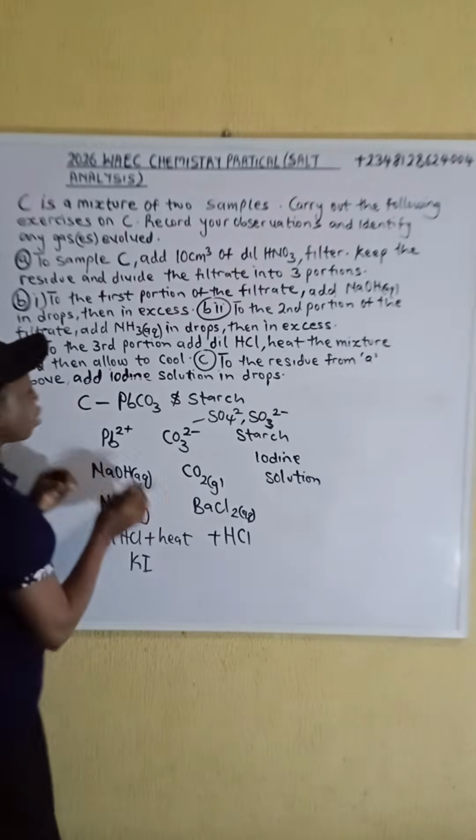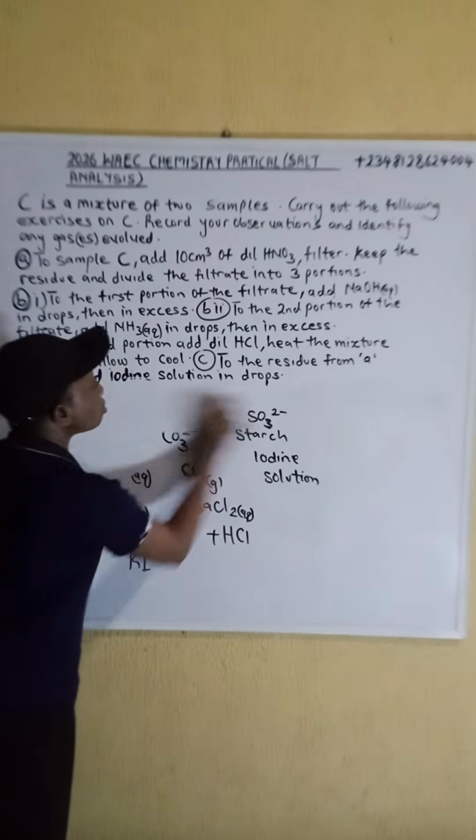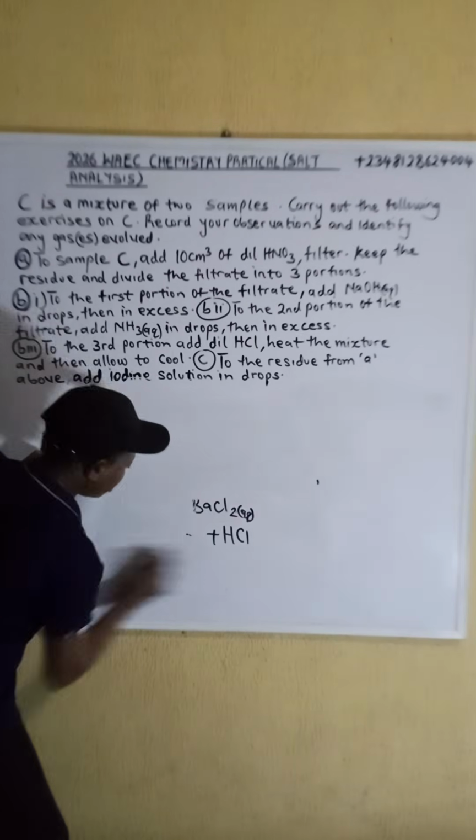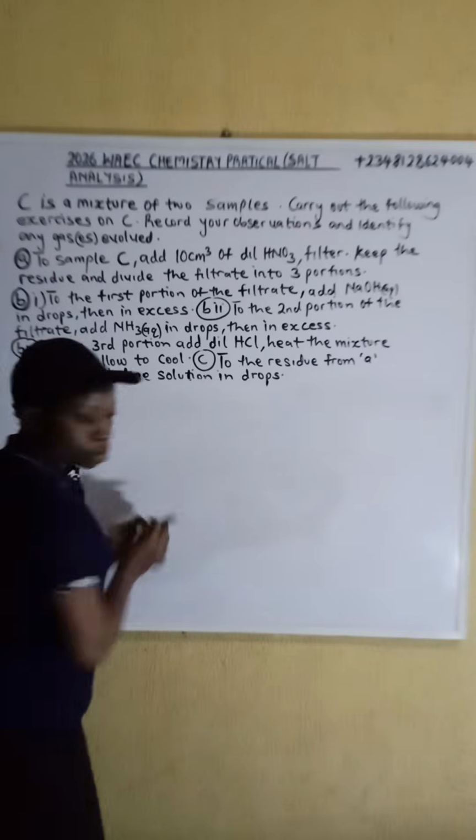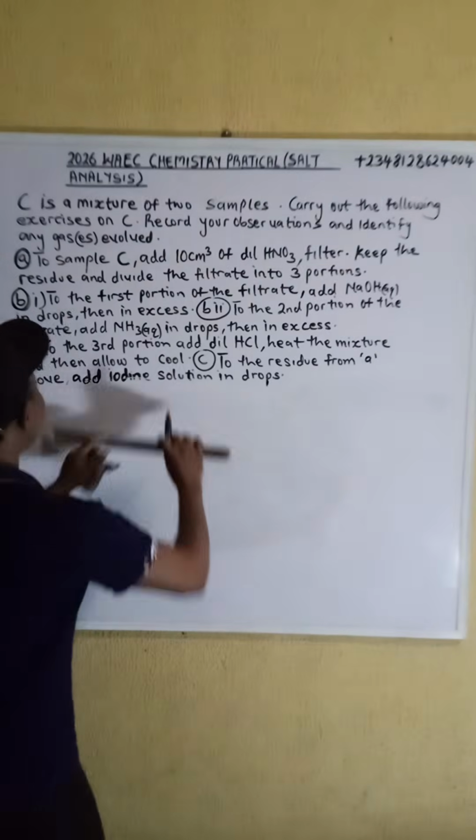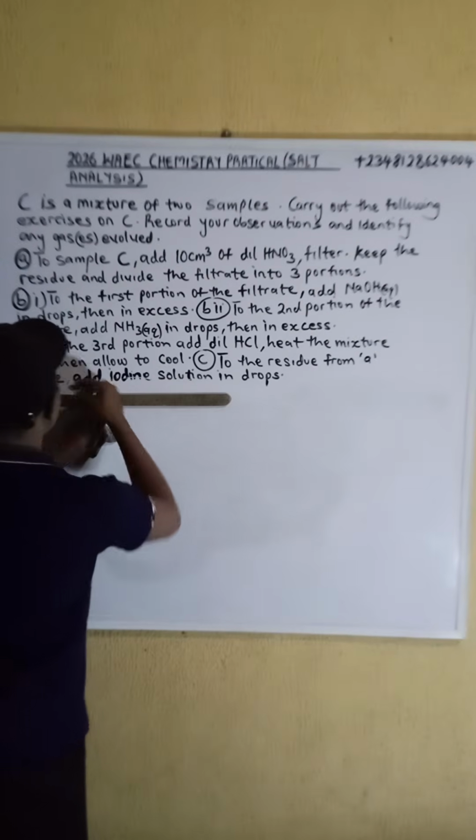So let's answer the following questions on the board. You divide your book into 3 columns.